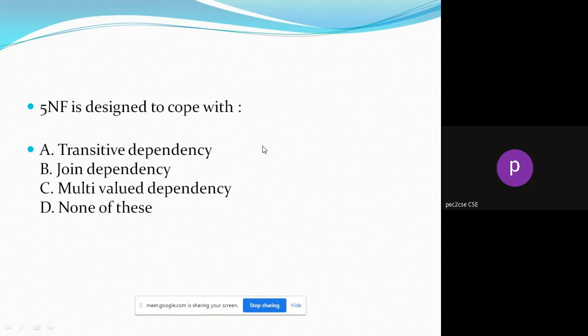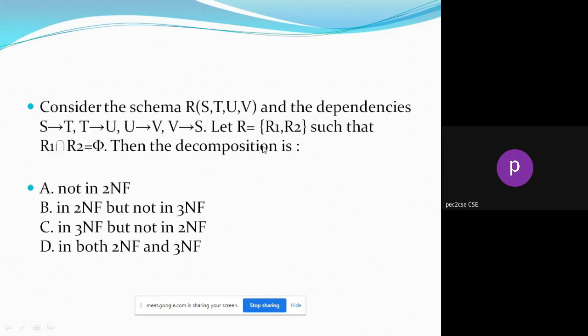Okay, that is fourth. Consider the relation schema R, which has four attributes S, T, U, V. And the dependencies are S determines T, T determines U, U determines V, V determines S. Then let R be decomposed into R1, R2, such that the intersection of R1 and R2 is null.